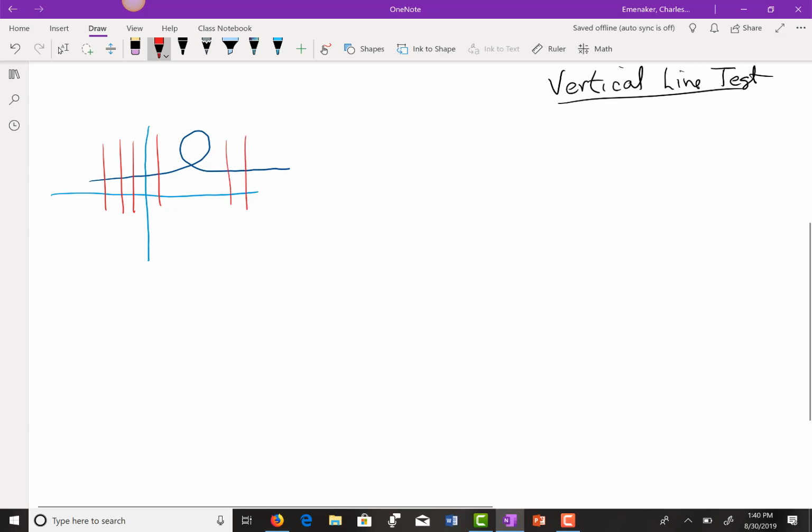And look at all these places over here. That qualifies as a function. In this center area, it intersects multiple times. As soon as that happens once, it's not a function. Okay, it isn't part function and part not function. As soon as you get one situation where a vertical line intersects more than once, game's over, it's not a function. Does that make sense to everybody?